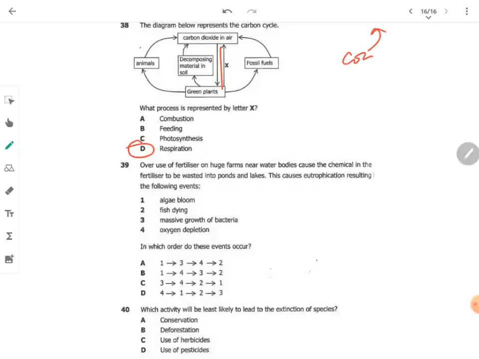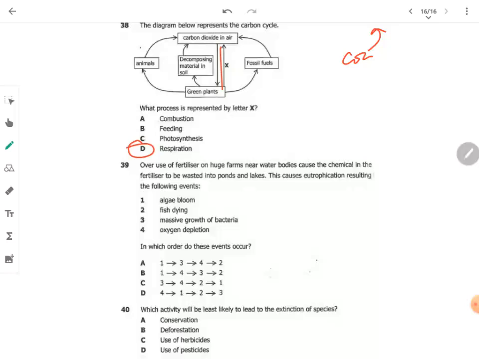Overuse of fertilizer on huge farms near water bodies causes the chemicals in the fertilizer to be washed into ponds and lakes. This causes eutrophication, resulting in the following events: algae bloom, fish dying, massive growth of bacteria, oxygen depletion. In which order do these events occur?